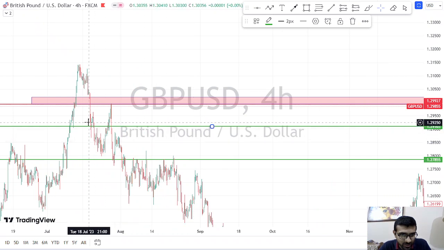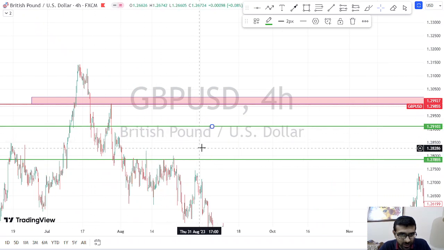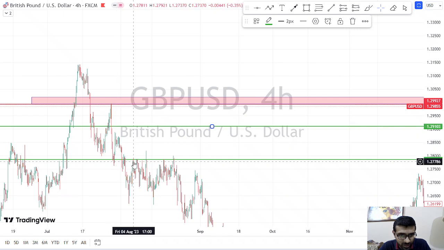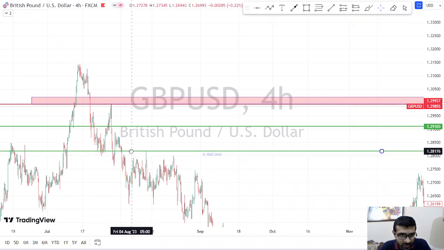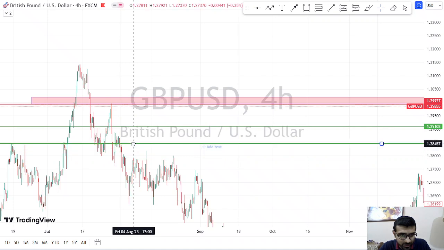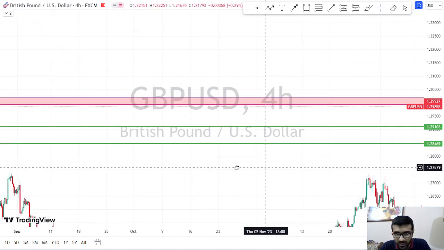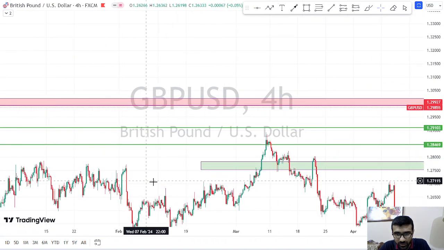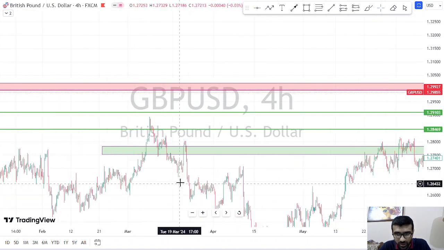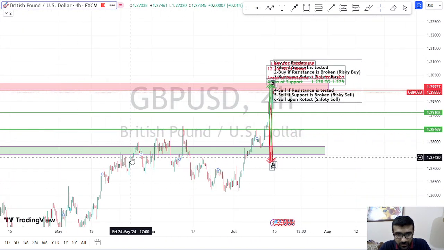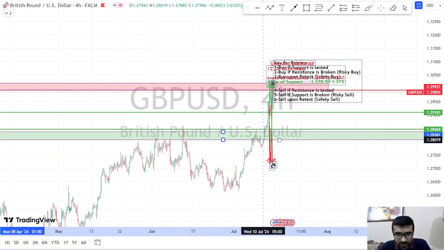Yeah, a slight level is present over here, and then over here we have some areas of support. This will also move up, and this area will come into play as an area of major support. Yes, exactly.